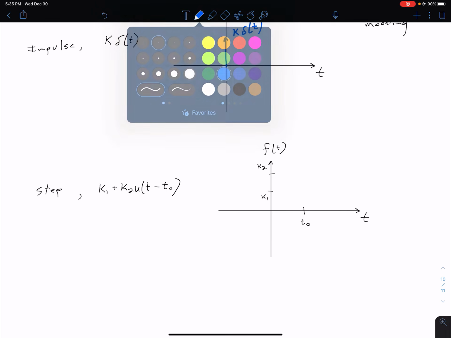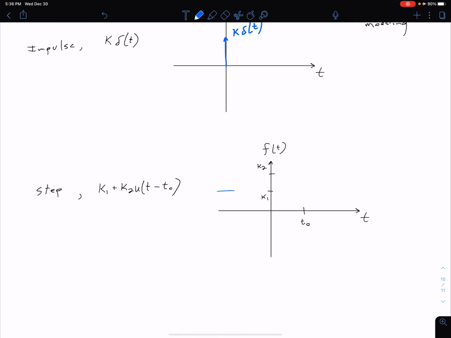What this is going to look like is we're initially going to be at a level k1, and then once we reach this t naught point, we're immediately jumping up to a value of k2, and then we're staying constant at that value. Again, I've just made this very general. If you take away the t naught, and the k1 and k2, we can see it basically is just a function that goes from 0 to 1 at the origin, and then it stays at 1, unlike our impulse function.